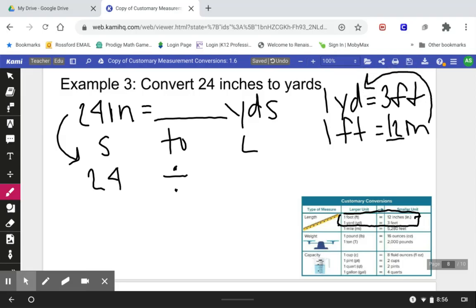So 12 times 3 is 36, and 36 times 1 is 36. All right, when I put 24 divided by 36 in my calculator, I get 0.6 repeating. And if you hit second ABC in your calculator, that is equivalent to 2/3. So 24 inches is equivalent to 2/3 of a yard.